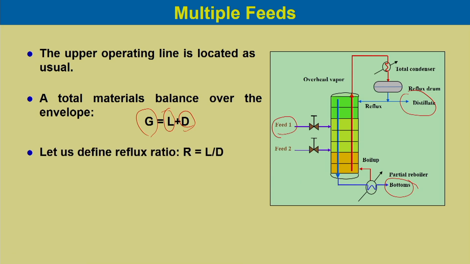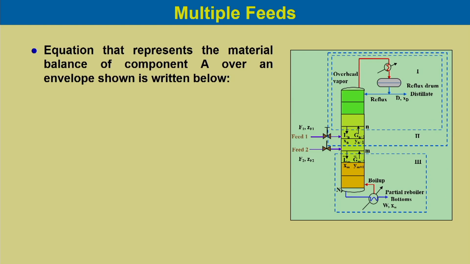Let us define reflux ratio R equal to L by D, and if we do the balance, G is equal to RD plus D. So, in place of L we can substitute RD. So, it will be D into R plus 1. So, from here G by D would be equal to R plus 1.